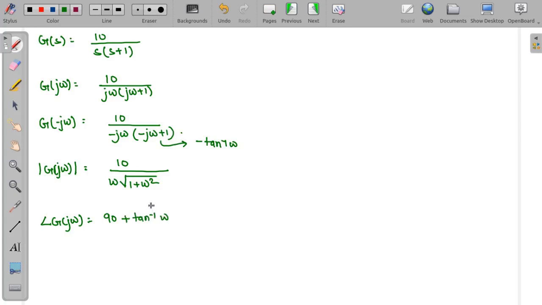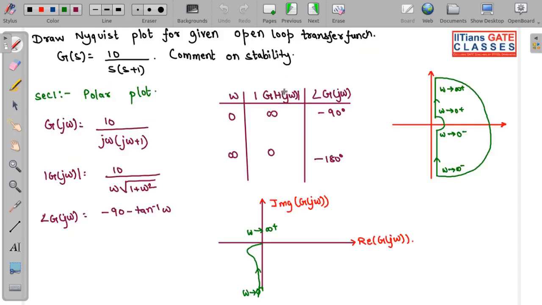So now you can see, so fine. So omega, magnitude and phase. Okay, so phase we have. Now remember, in section 2, omega varies from infinite minus to 0 minus. Now don't put 0 minus to infinite minus, then it will be wrong.